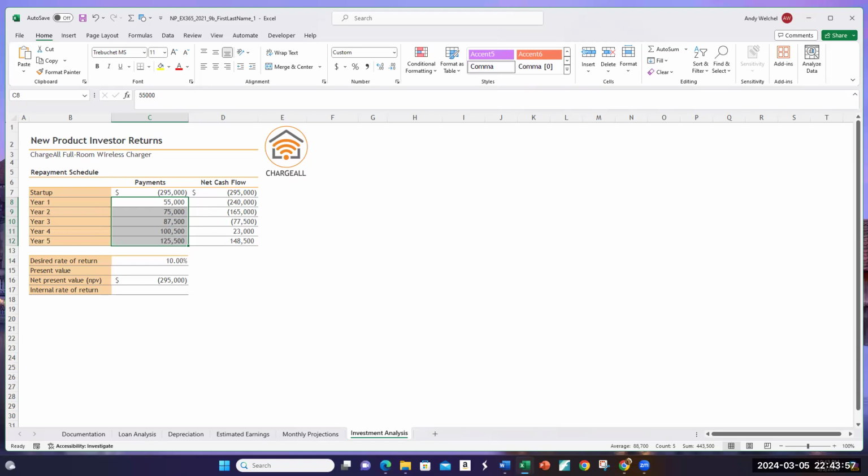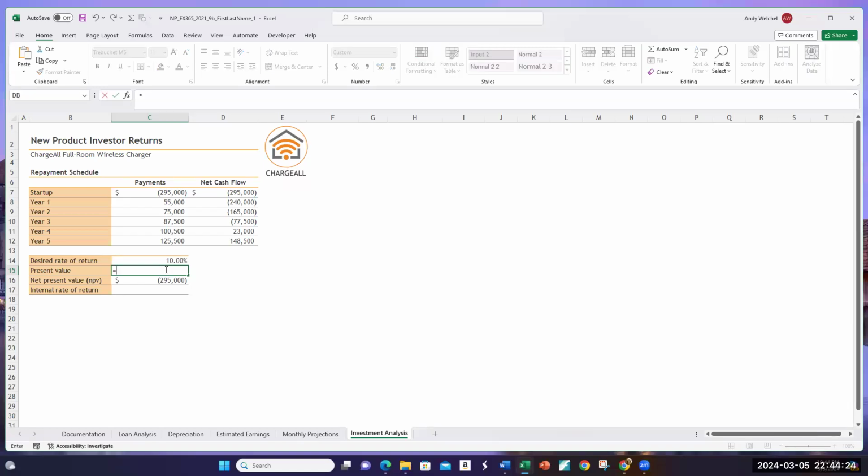Calculate the present value. In cell C15, we want to figure out the present value. Let me explain what that means. Let's do the formula first, and then I'll show you what it means. We are going to use the NPV function to calculate the present value of this investment.